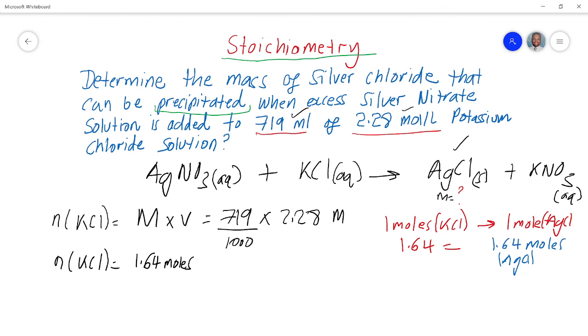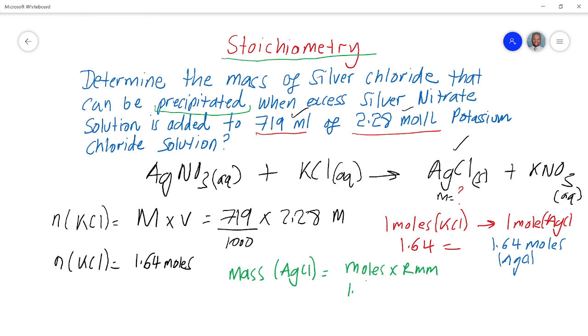The next thing we need to do is to get your mass of silver chloride, which is number of moles times relative molecular mass, because silver chloride has silver and chlorine.